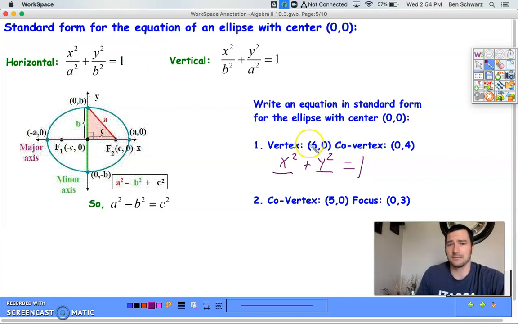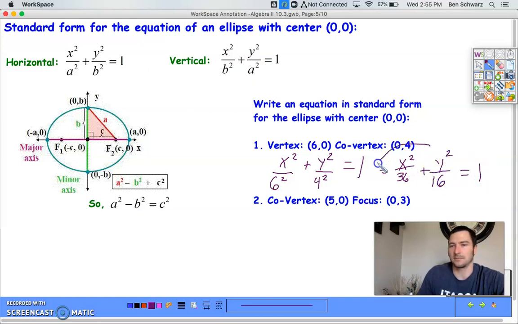So a has a value of 6. So 6 squared. The co-vertices are going up and down, so that's why they go with y. 0, 4 is up 4 from 0, 0. So since it's up 4, it'll be 4 squared. All the way simplified, we'd have x squared over 36 plus y squared over 16 equals 1 for our equation.